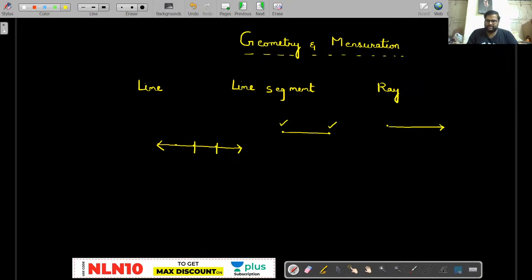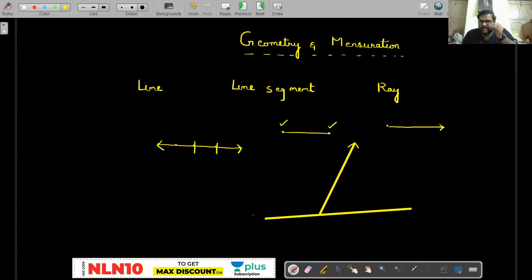So the next basic point that you have to learn is, now observe here, I'll draw here. Now this is a line. Now this line is dissected by a ray.